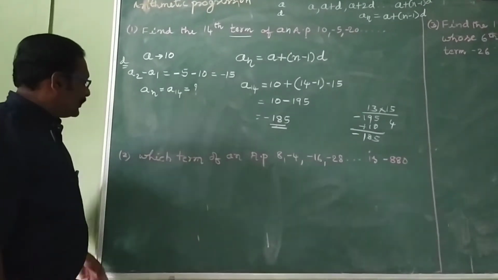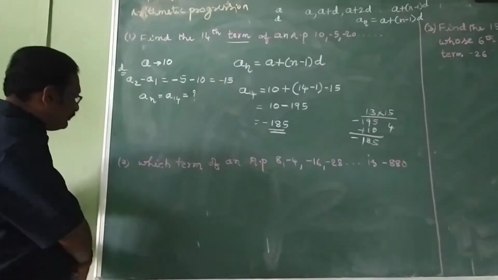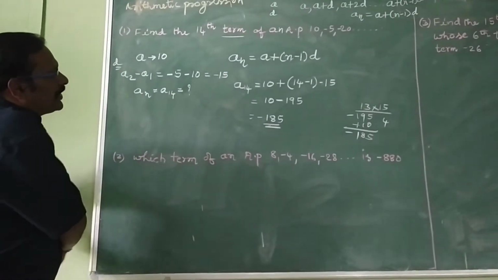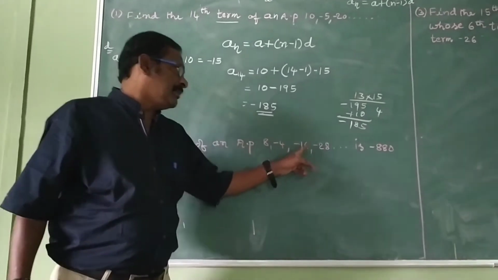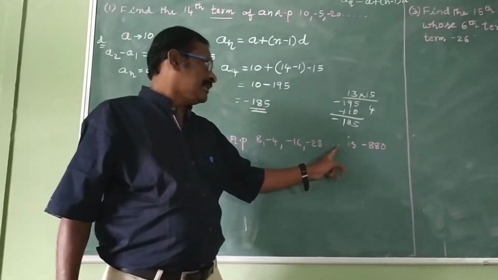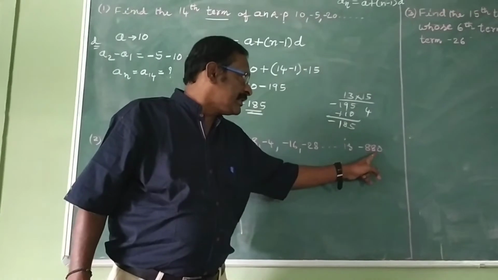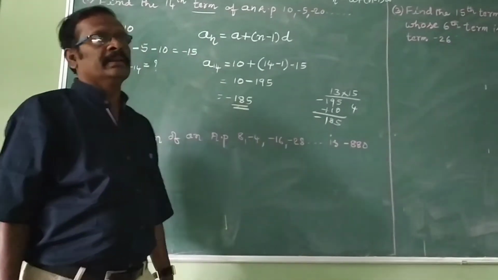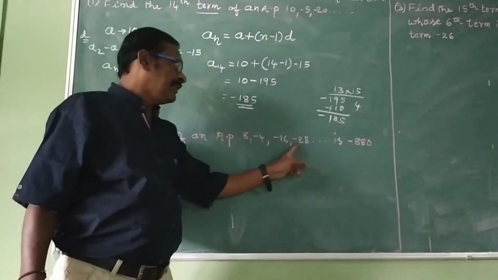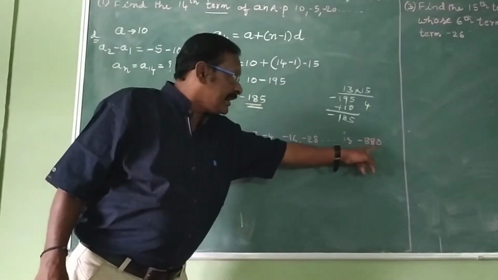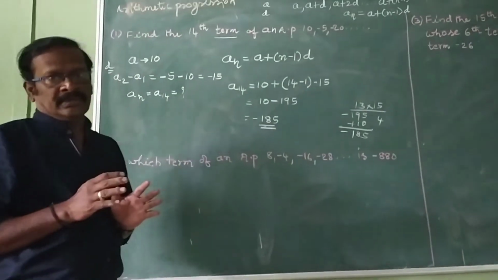Now take the next problem. Which term of the AP 8, minus 4, minus 16, minus 28, and so on is minus 880? These are the terms of the given AP. Minus 880 is a term.